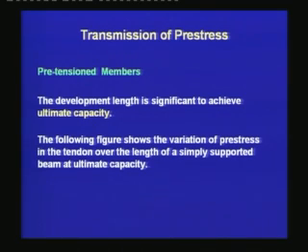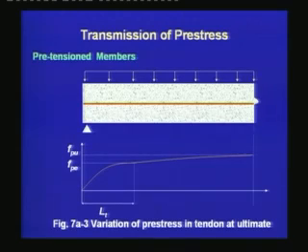The following figure shows the variation of prestress in the tendon over the length of a simply supported beam at ultimate capacity. Here, the simply supported beam has been subjected to a uniformly distributed load. Around the center midspan, it is expected to have the ultimate capacity with the prestress equal to FPU.